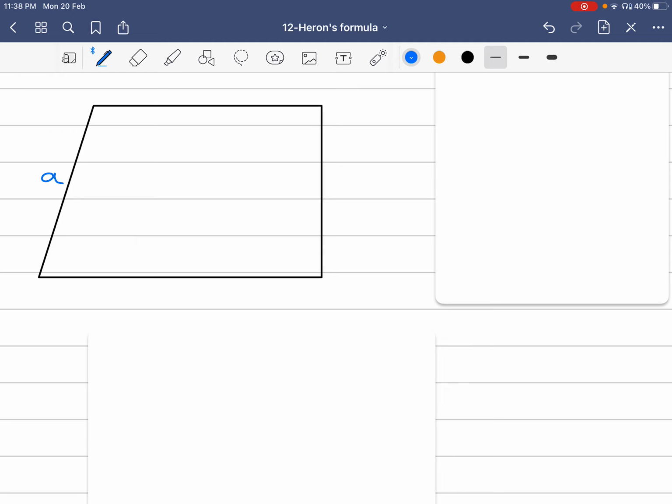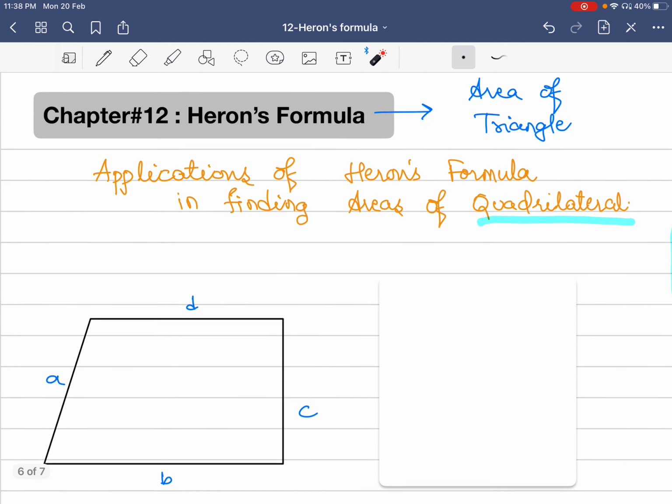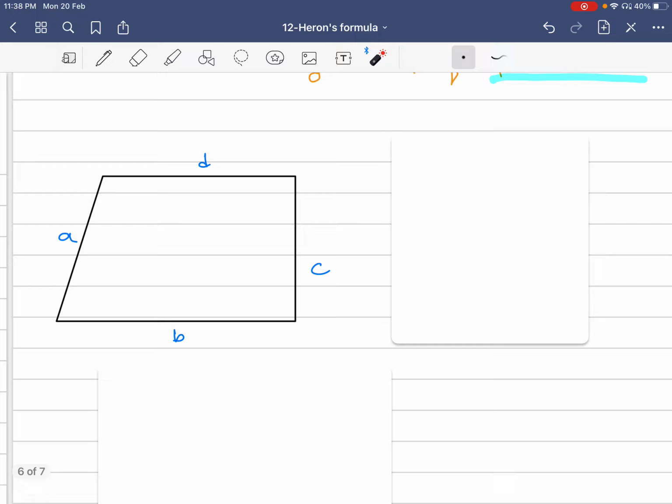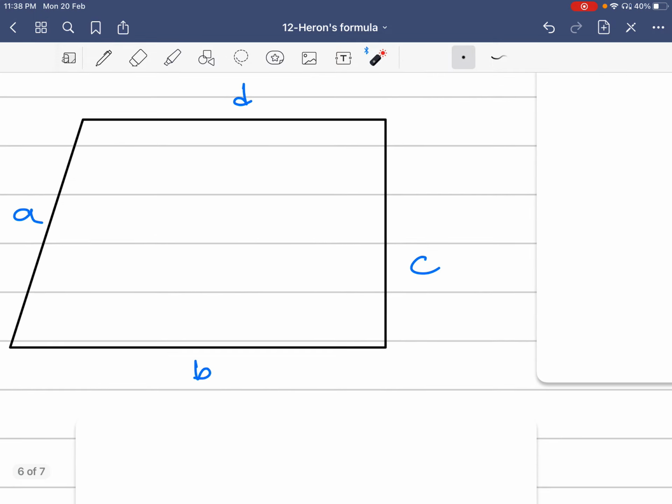So if this is A, this is B, this is C, and this is D, let's say these four lengths are given to us, and I am asking you to find the area of the quadrilateral. So since we have to use Heron's formula, which is basically the area of a triangle, we divide the quadrilateral into triangles.